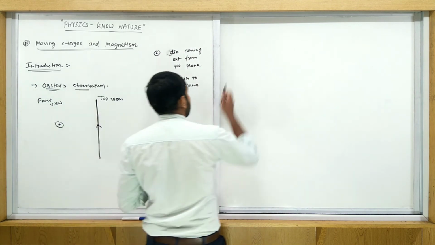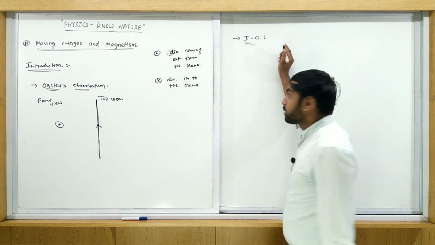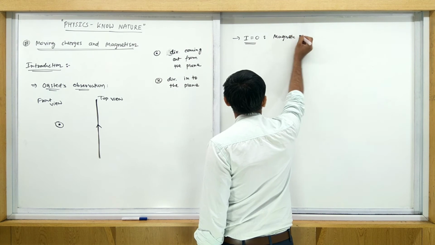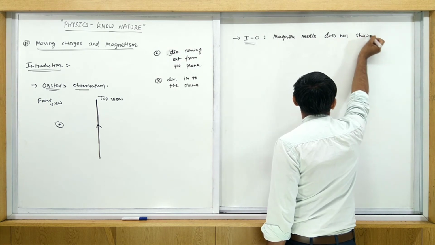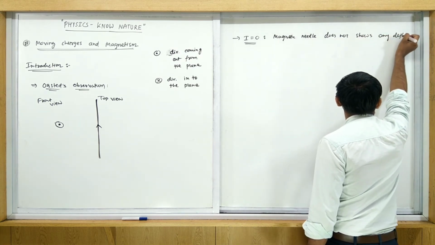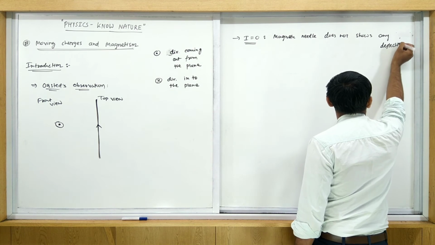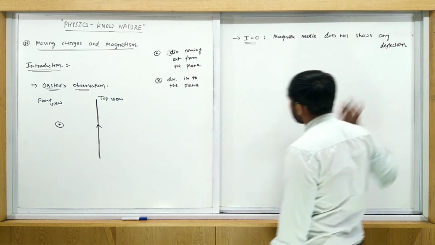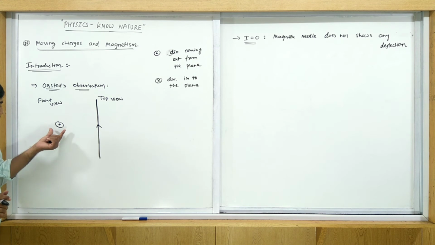So here Oersted observed this situation. When the current is zero through the wire, the magnetic needle does not show any deflection.